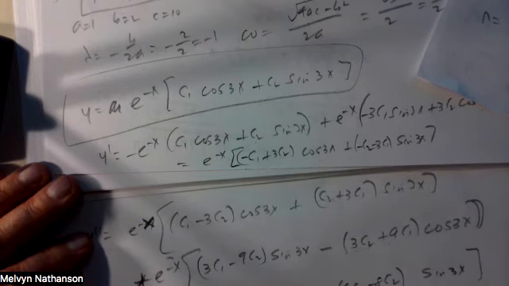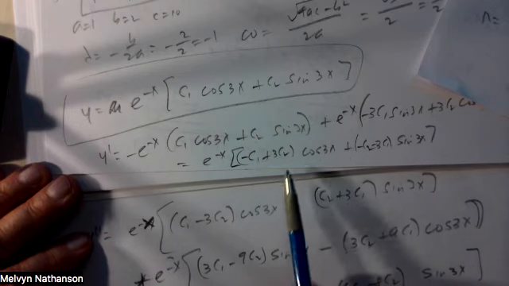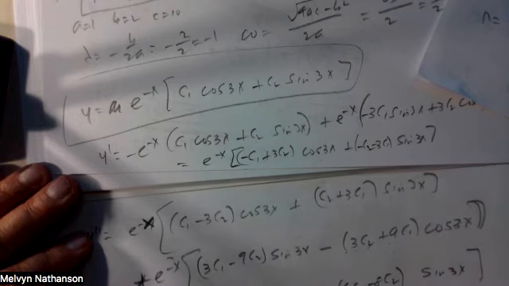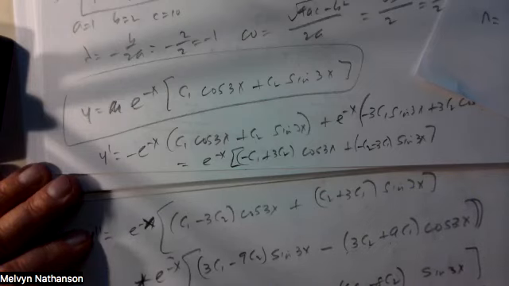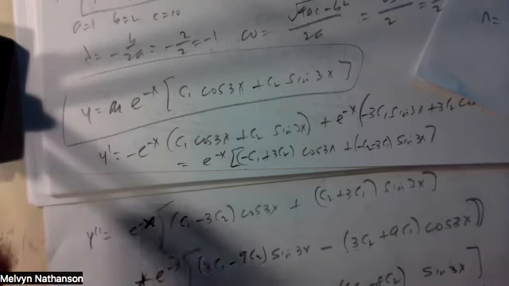This is y', so this is (-2C1 + 6C2) cosine 3x minus (2)(-6C1 + 2C2) sine 3x, plus 10y, which is 10C1 cosine 3x plus 10C2 sine 3x.